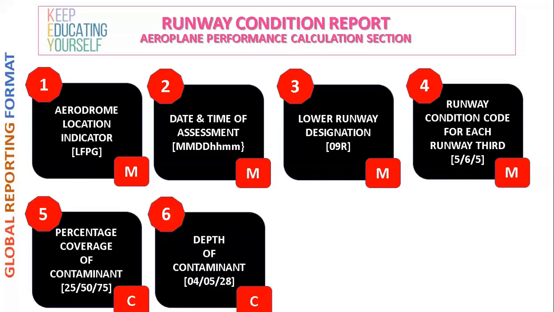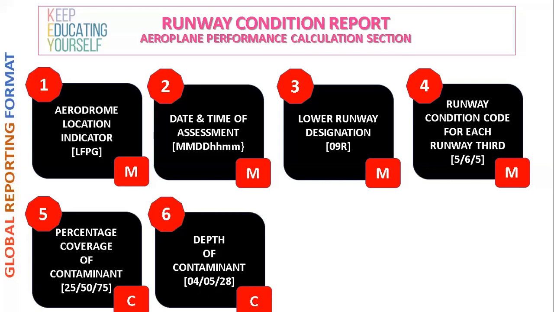Now we will go for the next one, the sixth: depth of loose contaminant. Here it is again conditional. Conditional means that only 4 contaminants' depth have to be reported, which I have already told you. These are standing water, slush, wet snow or dry snow.